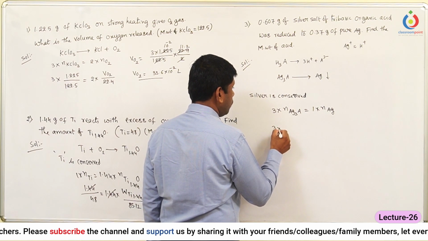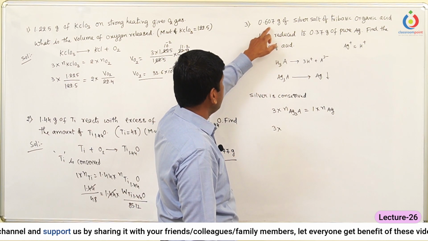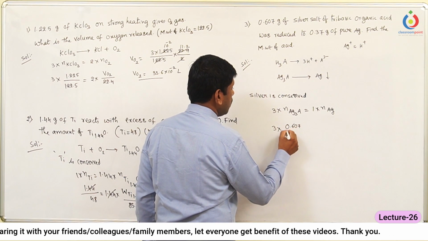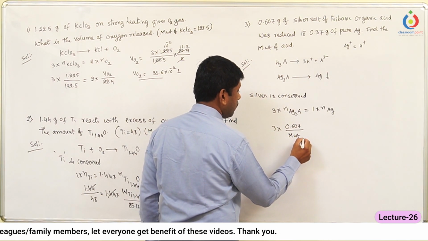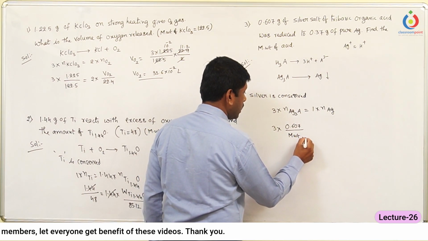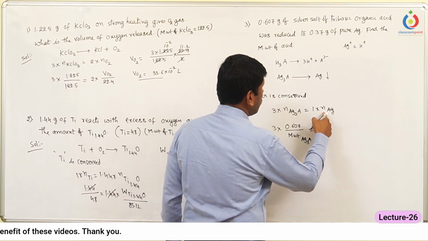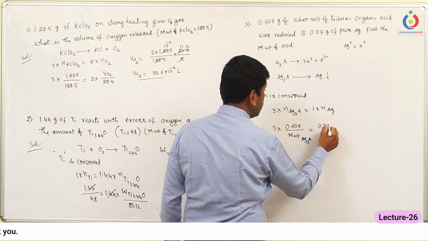So here 3 into number of moles means weight by molecular mass. Weight is given, that is 0.607. Molecular mass we don't know, so I can write molecular mass of the organic silver salt Ag3A is equal to number of moles, weight by atomic mass. Weight is given here, 0.37 grams.